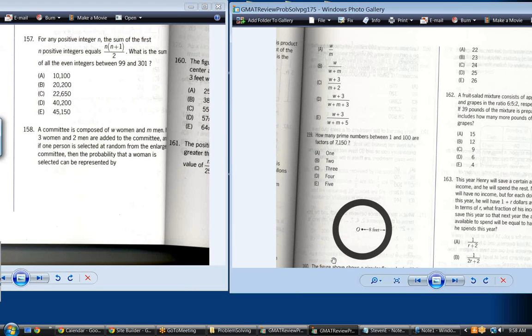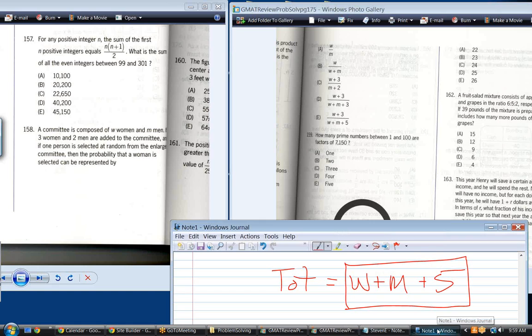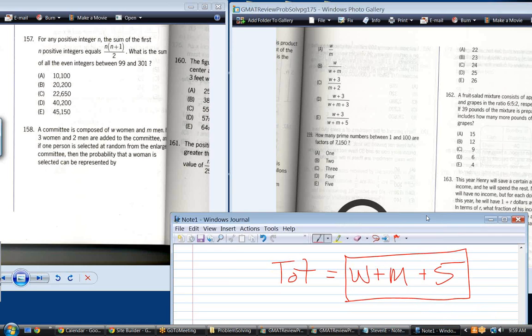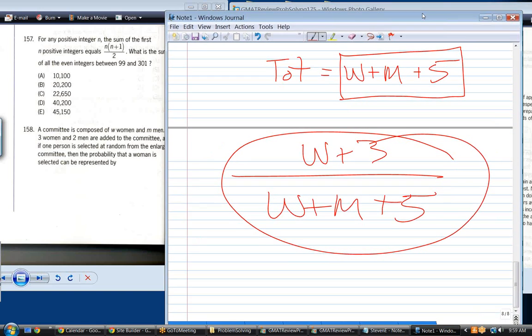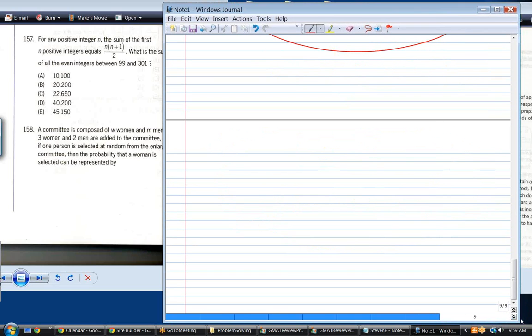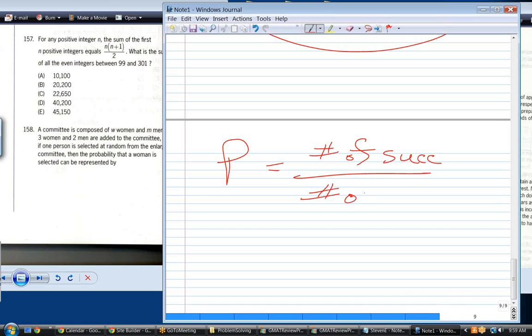The definition of probability is: probability equals the number of successes divided by the total number of events or opportunities. So in our case, we're going to take the number of successes, which is equal to the number of women, divided by the number of people.